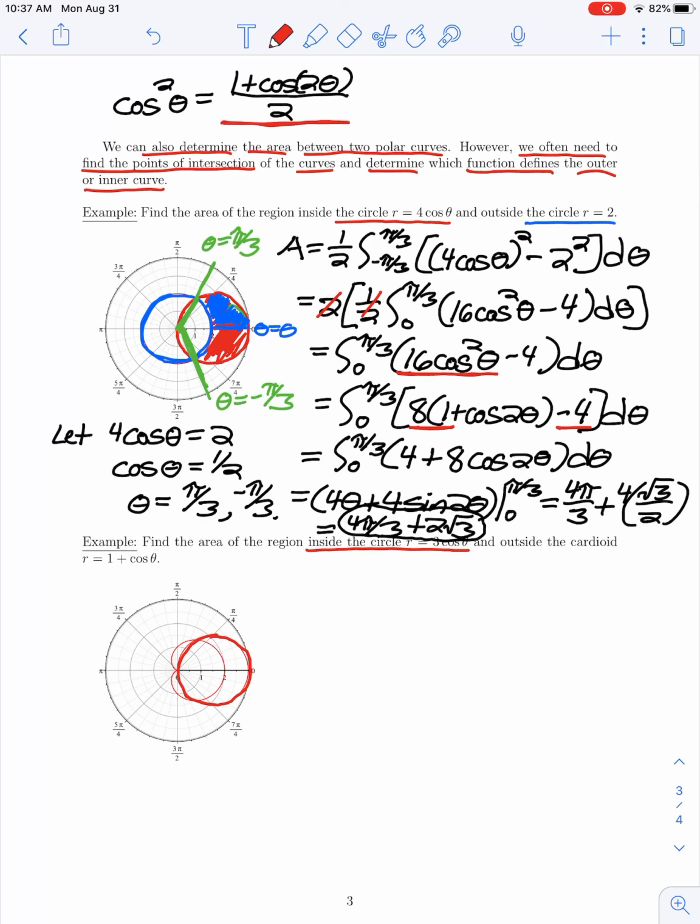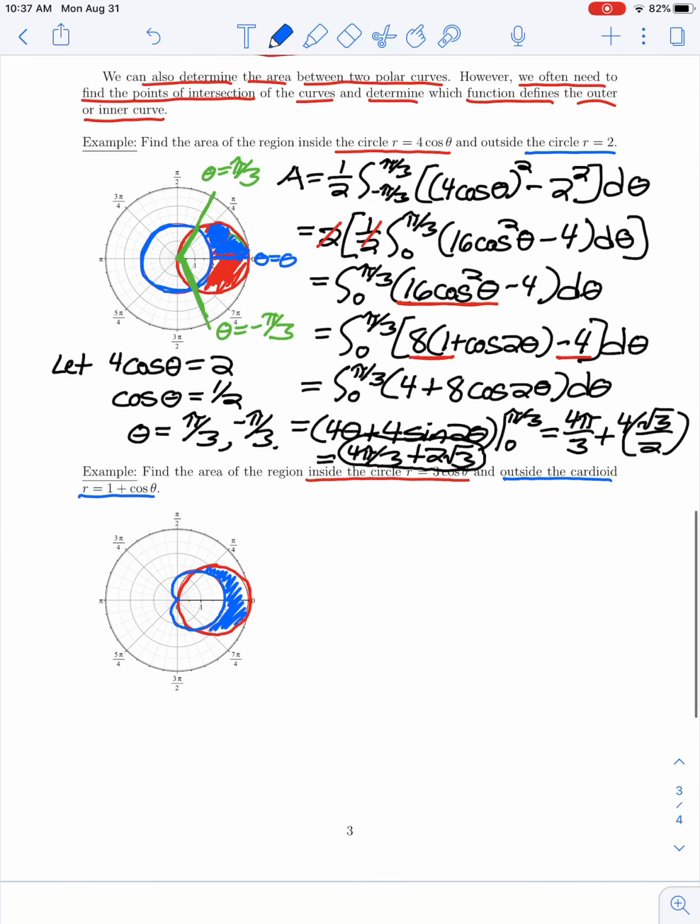It's the circle, and which lies outside of the cardioid r equals 1 plus cosine of theta. So that cardioid is shown here. So the region of interest is inside the circle, but outside the cardioid. So the area of this crescent-shaped region shown here.